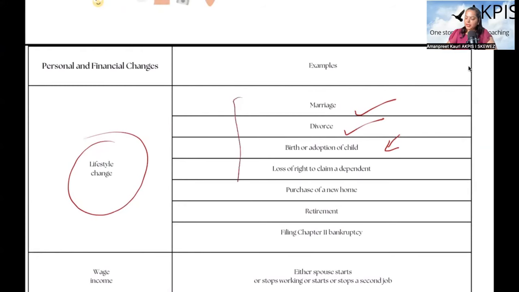And if you have retired, purchased a new home, or been declared bankrupt, in all these situations your computation of tax will be different, because the deductions and limits change with every lifestyle change. Whether you are married, the situation is different, the limits are different, the deductions do vary.